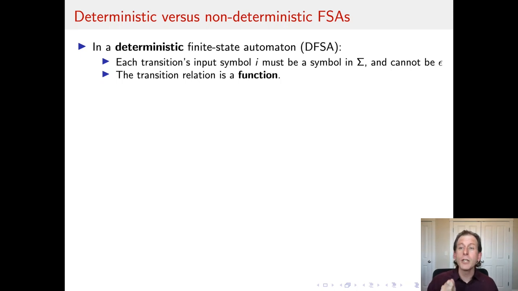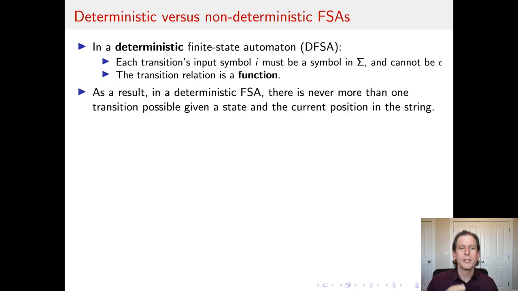So there can be only one state that you wind up in for any given current state and input symbol pair. These things together mean that in a deterministic finite state automaton, there is never more than one transition possible given a state and the current position in the string. So the examples that I showed you already are deterministic.